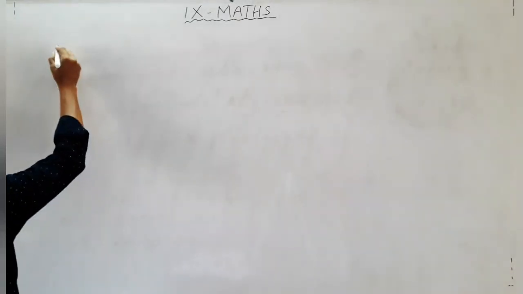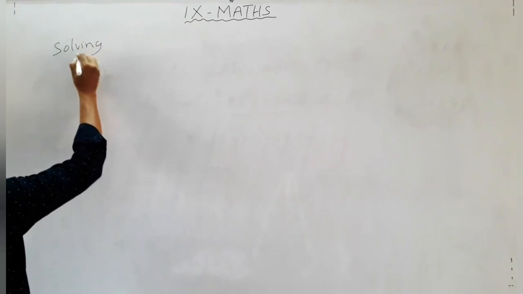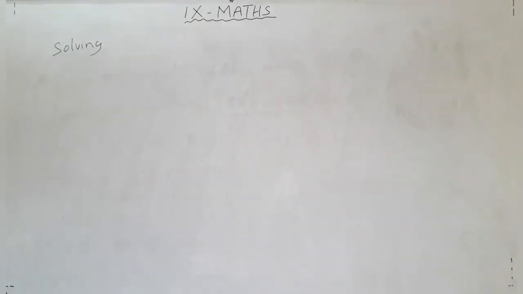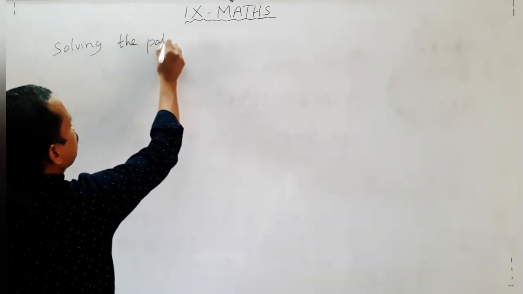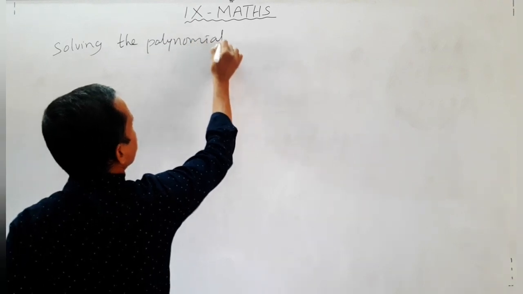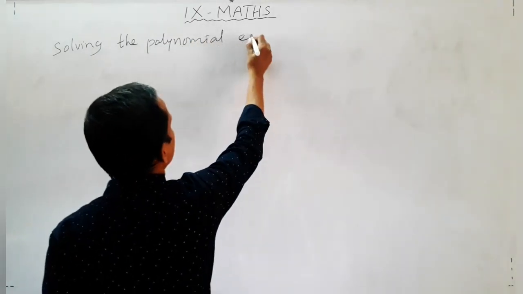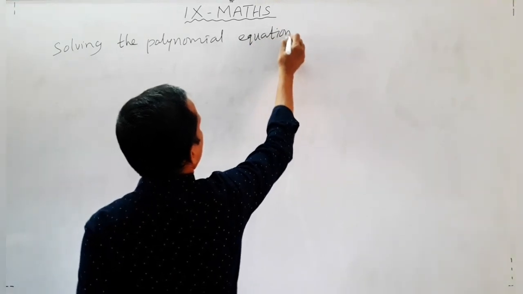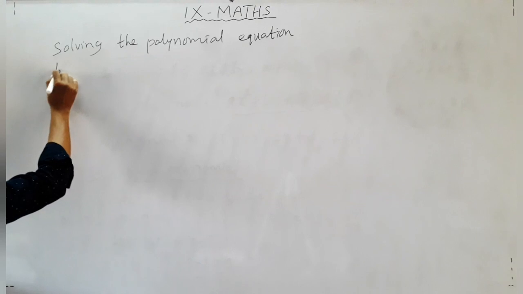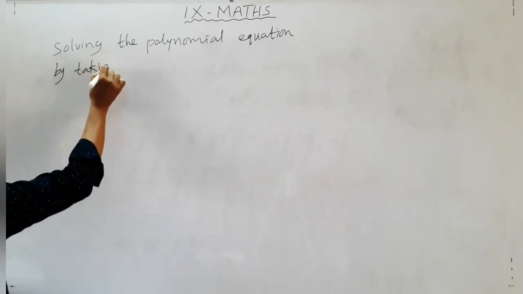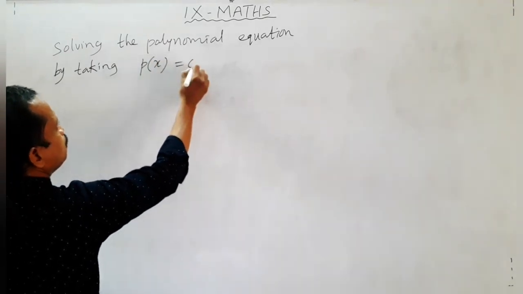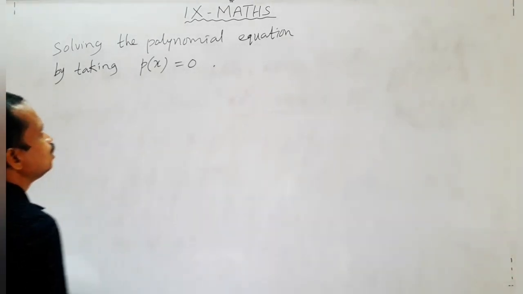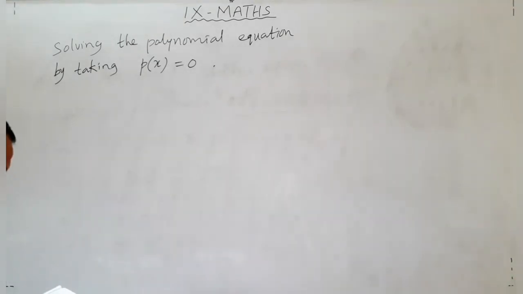So this is the way of finding the 0 of the given polynomial.